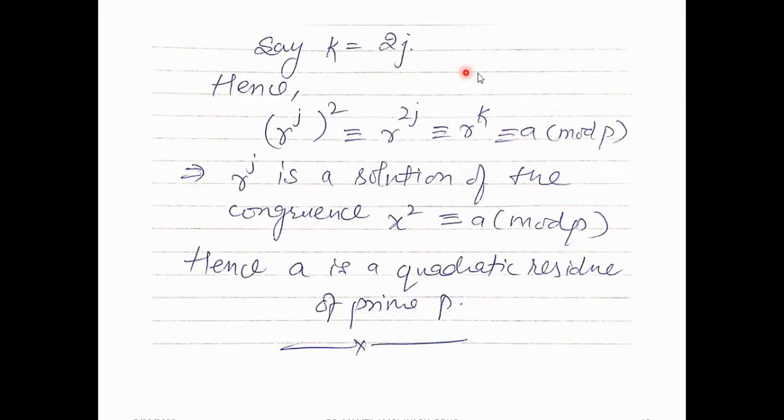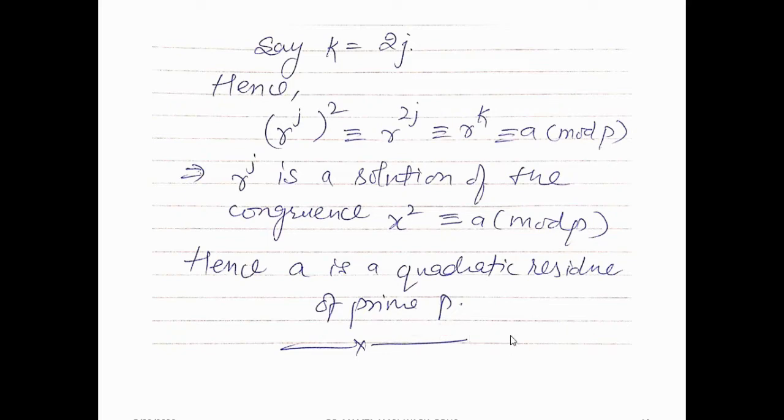Suppose that k is equal to 2j, and hence (r to the power j) whole squared will be r to the power 2j, which is congruent to r to the power k, and which is congruent to a modulo p. This implies that r to the power j is a solution of the congruence x squared congruent to a modulo p, because here r to the power j whole squared is congruent to a.